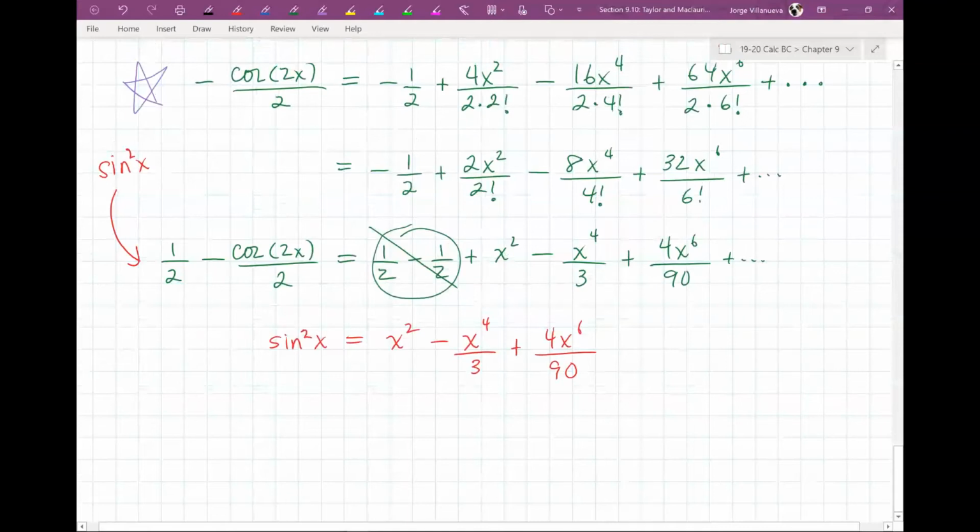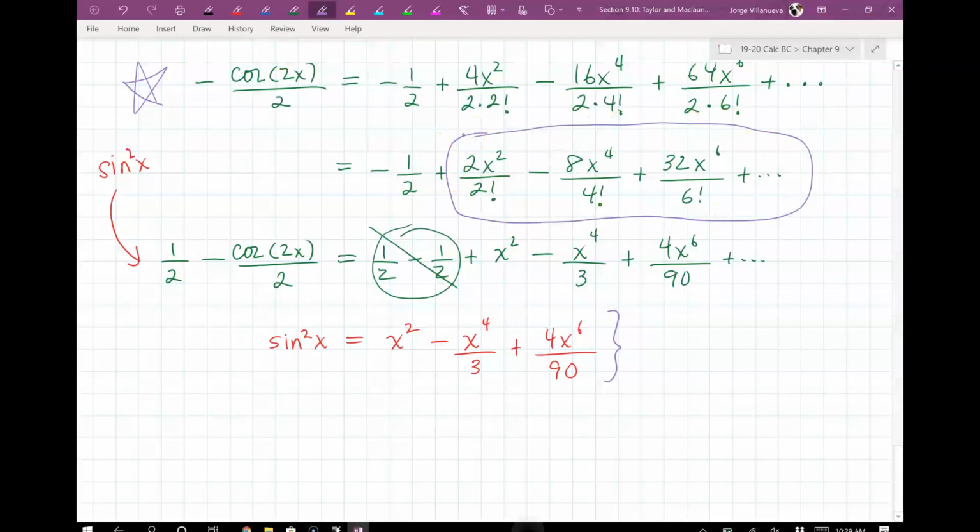Now, just so you guys are aware, if they wanted you to write a Maclaurin series for this, it's really hard to write a Maclaurin series given that. This thing, it's hard to write it with this. I would recommend leaving it like this, put your half in the front, cancel it out, and use this to write your Maclaurin series.